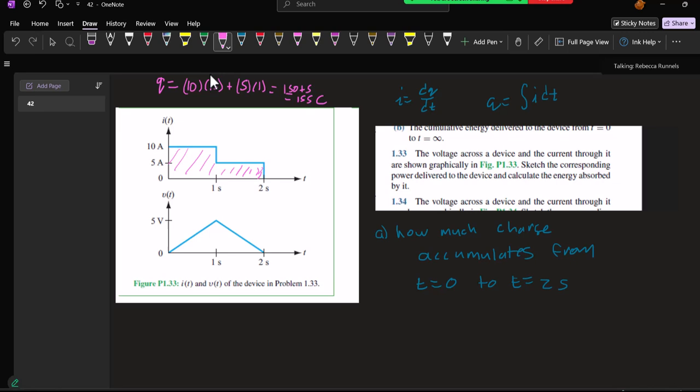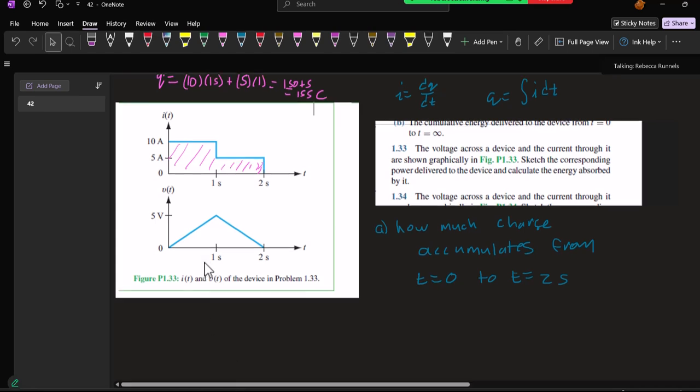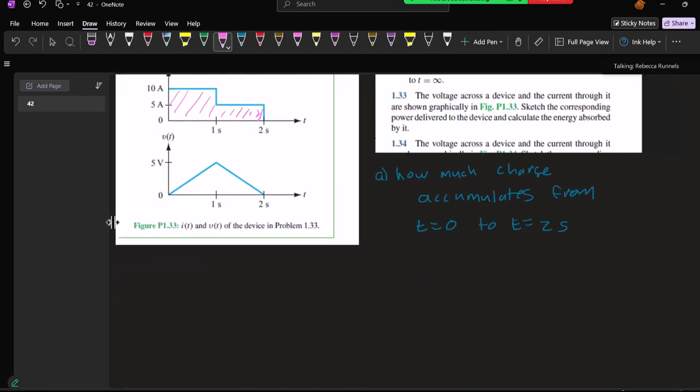All right, now the question is asking to sketch the corresponding power and calculate the energy absorbed by it. So I know that power equals current times voltage. So I need to multiply together this part and this part and this part and this part. I can write these out.